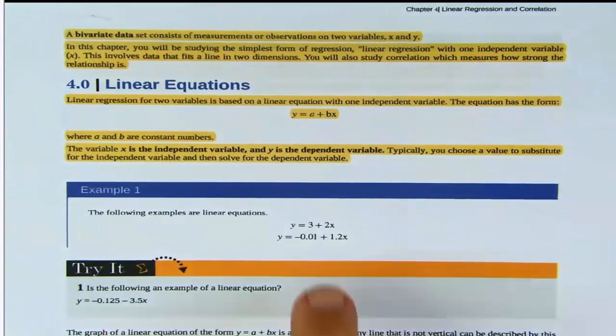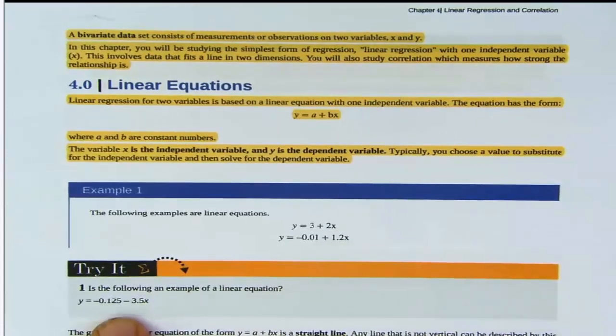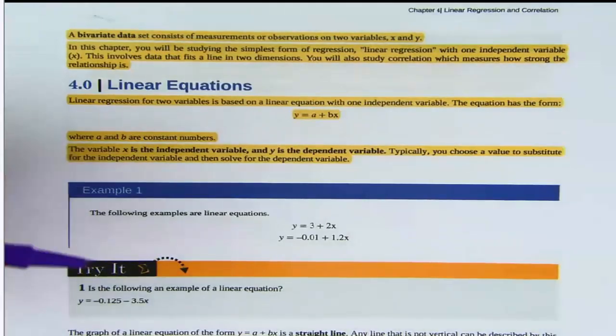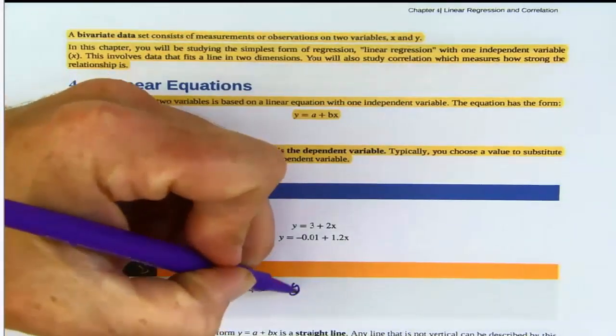Here are some examples of linear equations. y equals 3 plus 2x. y equals negative 0.01 plus 1.2x. Does the one down here look like a linear equation? Is that a linear equation? They're supposed to be in the form y equals a plus bx, and we're going to say, yeah, that is a linear equation.